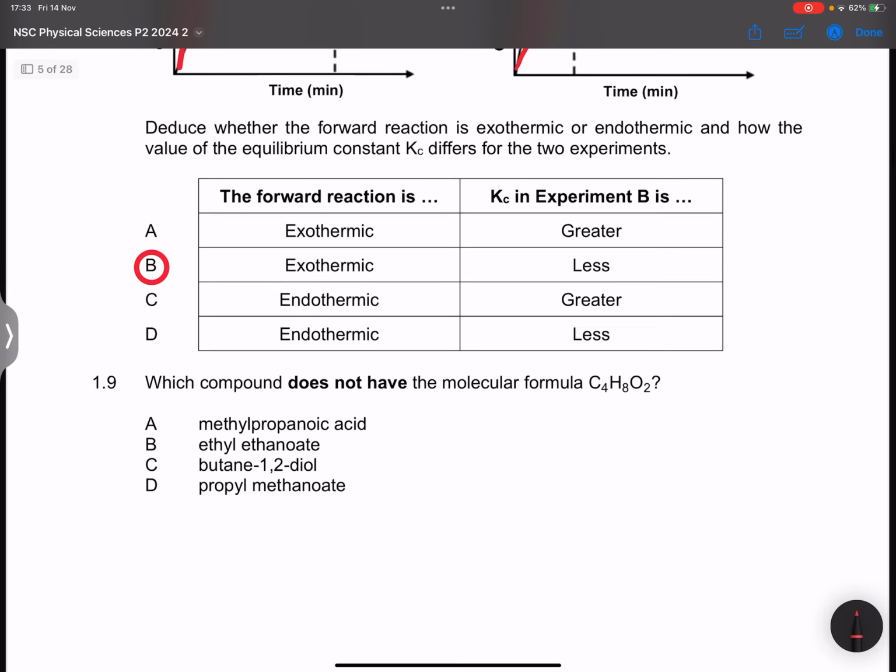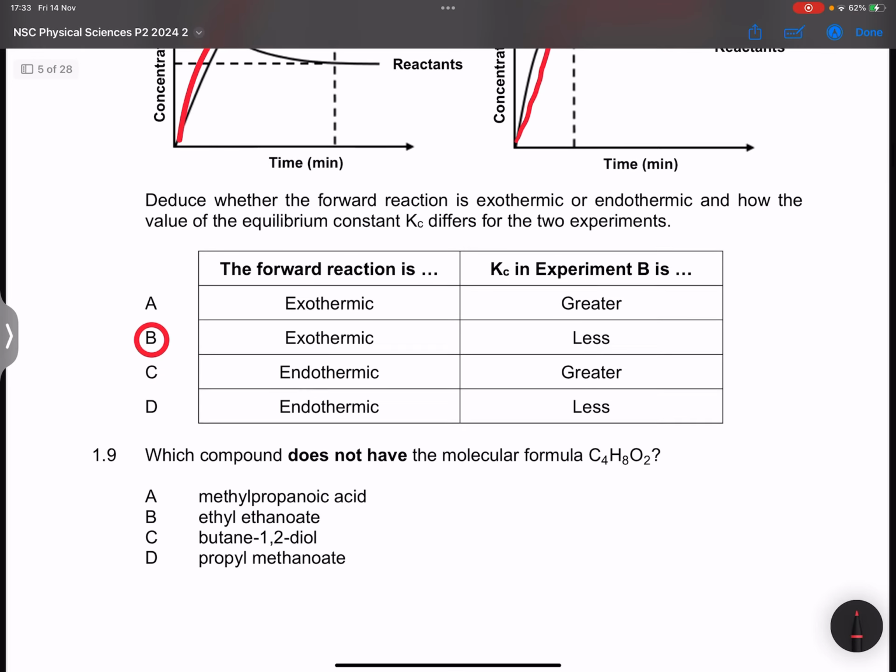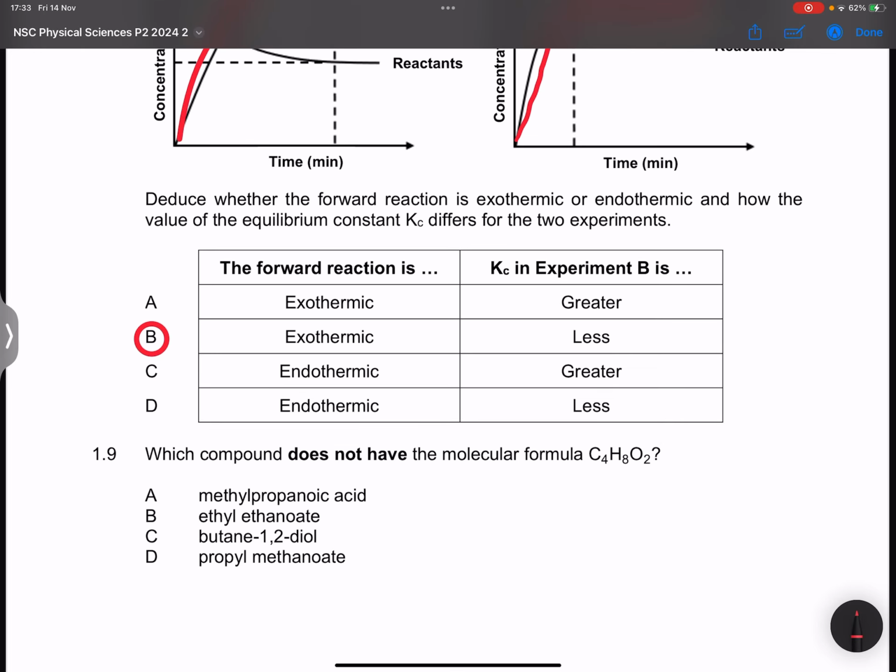And finally, well, not finally, I think we still have one more. So they say, which compound does not have a molecular formula C4H8O2? So remember, this is the molecular formula that belongs to esters as well as carboxylic acids, right? So methyl propanoate, methyl has got 1, propane has got 4, so definitely it's an ester, it should have that molecular formula.